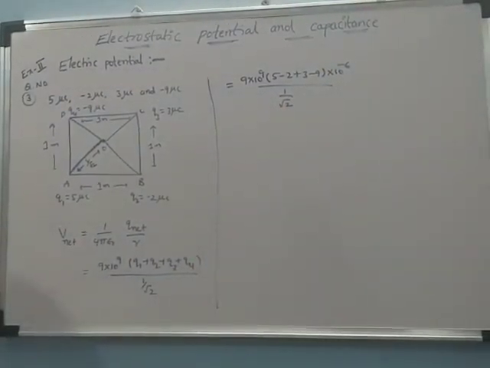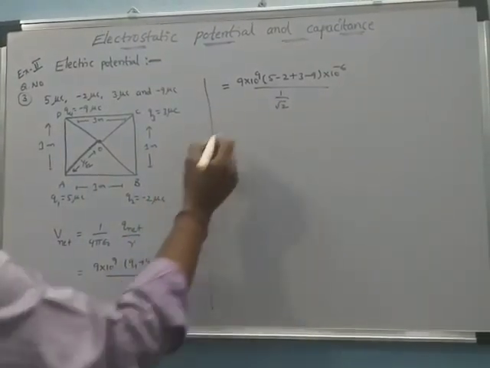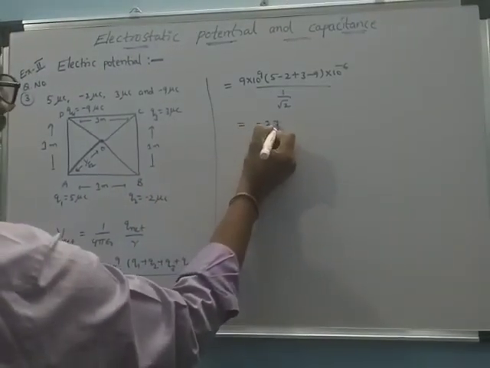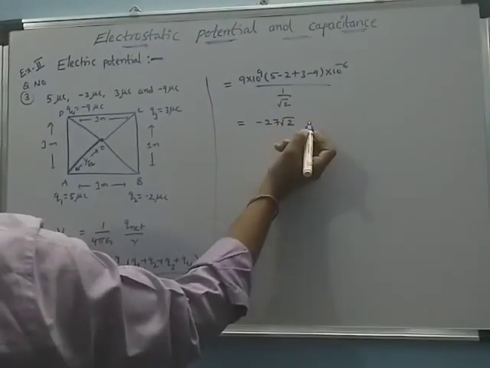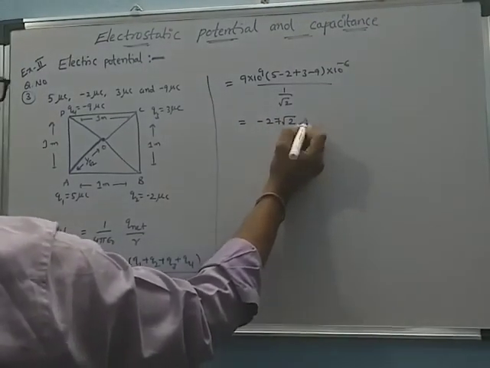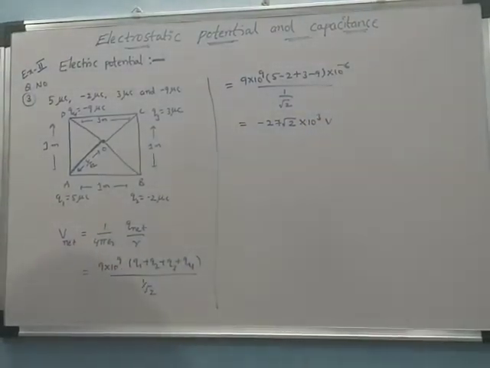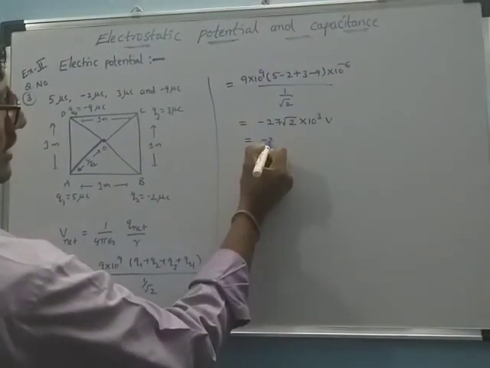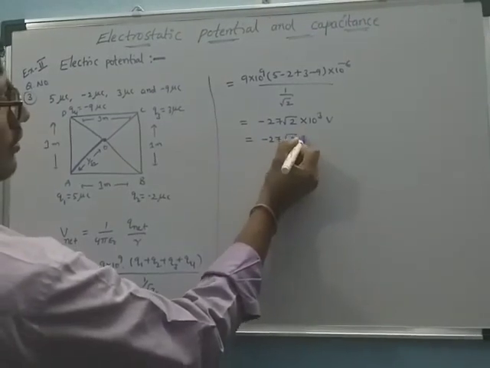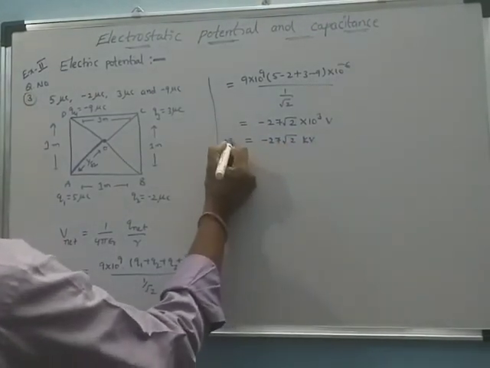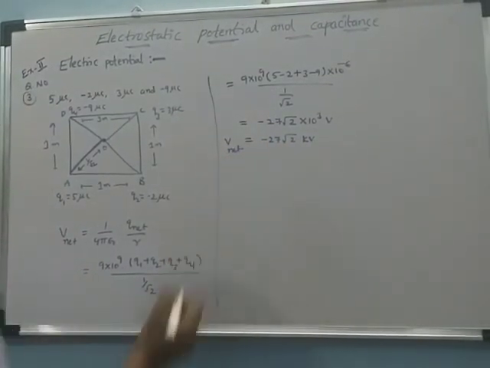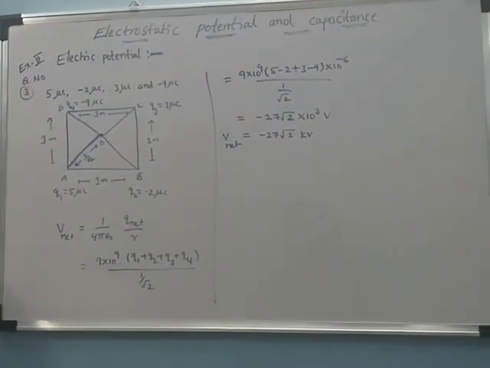The calculation gives minus 27 root 2 into 10 to the power 3 volt, which we can write as kilovolt. This is the net potential at the center of the square. Let's see the next question.